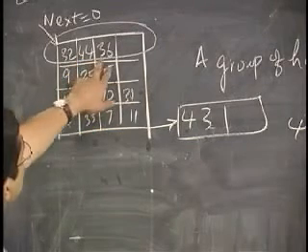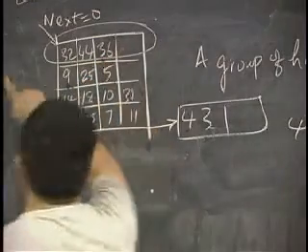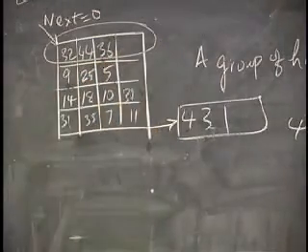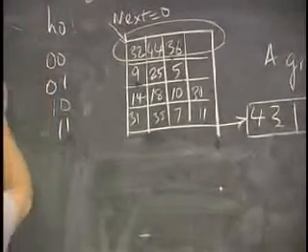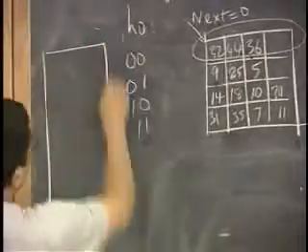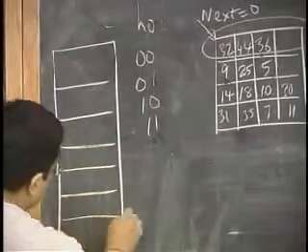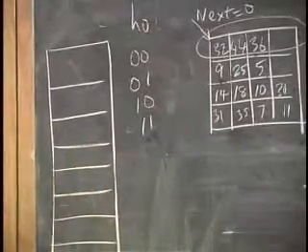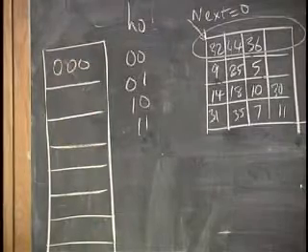What it will trigger is the split of this row, and that means you're going to double this directory. So it will become 1, 2, 3, 4, 5, 6, 7, 8.